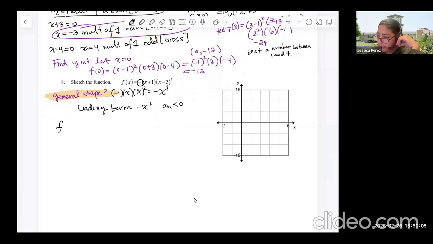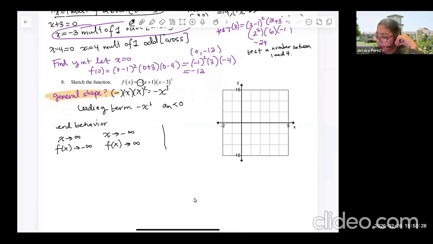So if we're looking at the end behavior first, the end behavior of an odd polynomial with a negative leading coefficient is as x approaches infinity, my function will go to negative infinity. As x goes to negative infinity, my function actually will go to positive infinity.